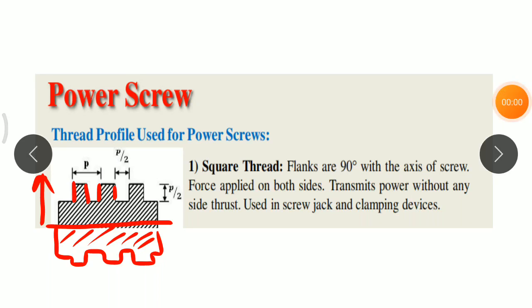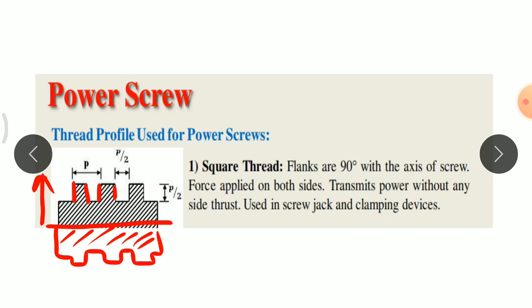Now there are some disadvantages of square threads, such as these threads are difficult to manufacture as they are machined by a single point cutting tool. As we know, this type of thread is only manufactured by using a single point cutting tool, which is expensive.